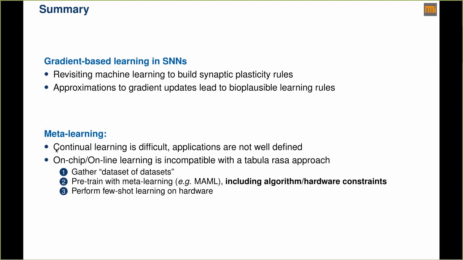Meta learning, which is a way of training neuromorphic hardware for learning, is solving the problem that learning in the real world and on chip is difficult, and the approach of training deep neural networks is not suitable for on-chip training. So the method of using meta learning can solve that problem.